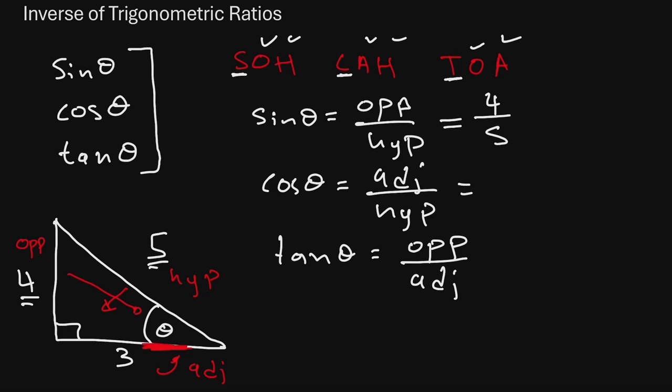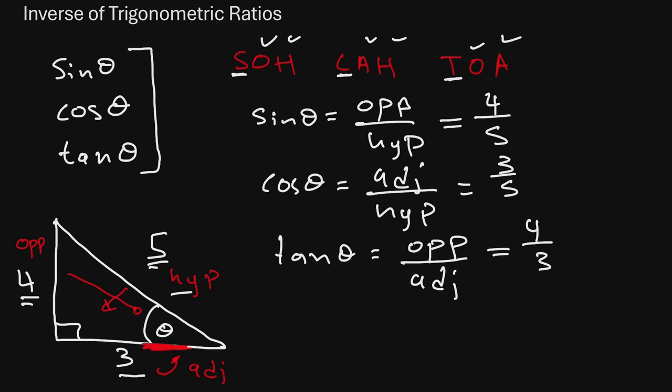I will do the same thing for cos: cos is adjacent over hypotenuse, so this is going to be 3 over 5. And lastly, for tangent of theta, we have opposite over adjacent, so it's going to be 4 over 3. That is how we can easily determine the ratios of sine, cos, and tangent using SOHCAHTOA.